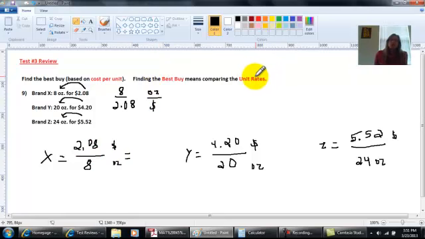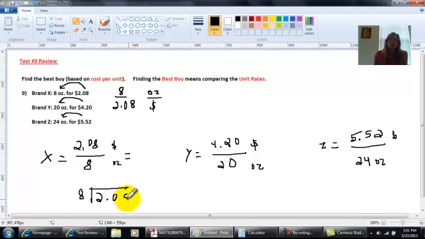And a unit rate is simply over 1. So in other words, you're going to find the dollars per 1 ounce in each situation. And to find the unit rate, or the dollars per 1 ounce, you divide. So you don't have to reduce the fractions. What you're doing is just the division.